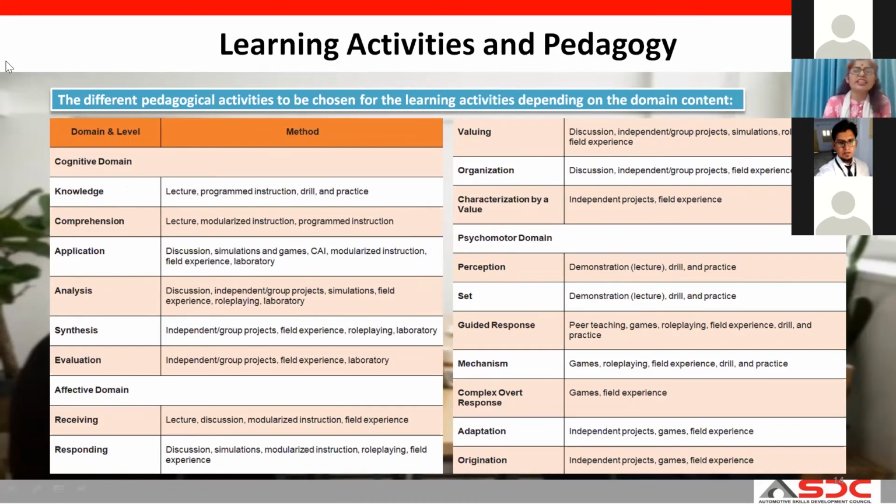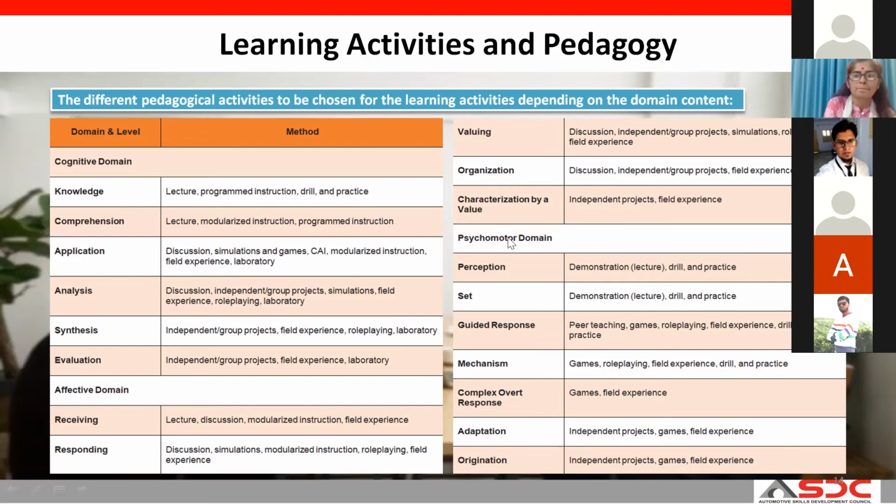I hope everyone is with me. Could you see where it is written cognitive domain? Yes, ma'am. Then if you go down, you could see affective domain. And then again, psychomotor domain. Let me again brief you, as I simplified these three terms as knowledge, skill, and attitude. Could you tell me, is the cognitive domain knowledge, skill, or attitude?